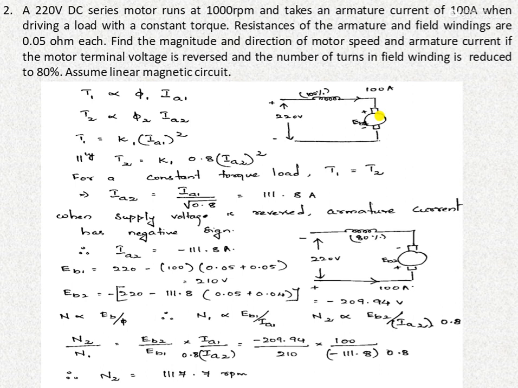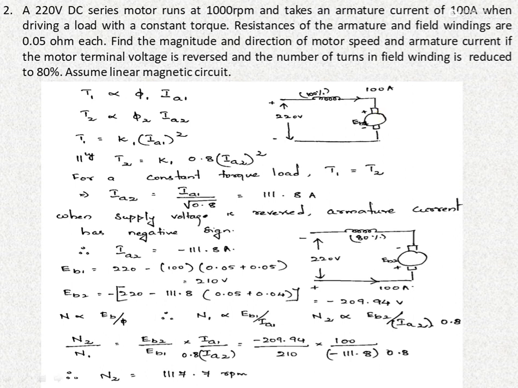See, the answer is very simple. If you wish to reverse the direction of rotation in the case of a DC motor, either the polarity of the field or the polarity of the armature winding has to be reversed. If you are reversing the polarities of both the field winding as well as the armature winding, then definitely the direction of rotation remains the same.